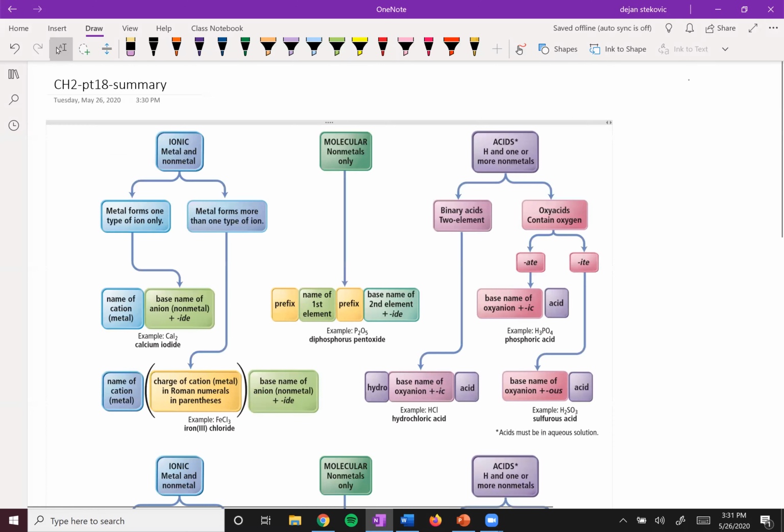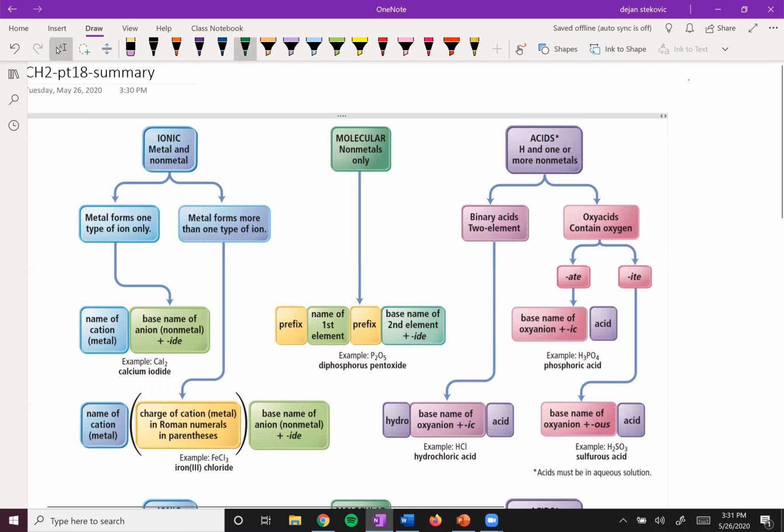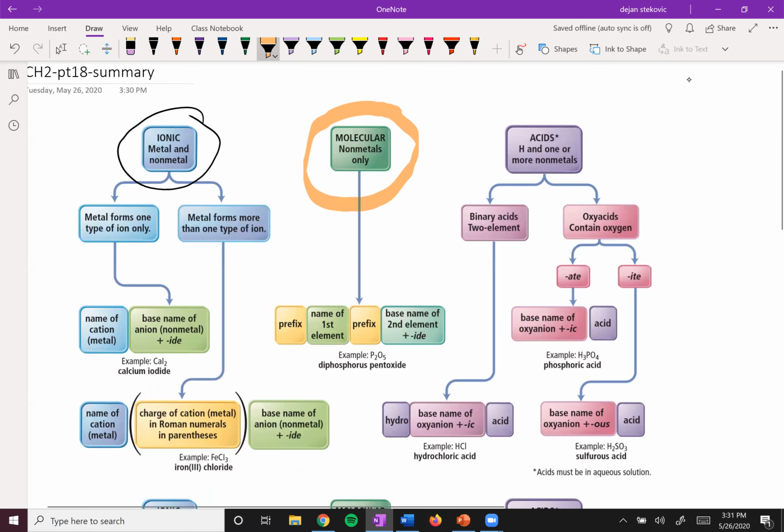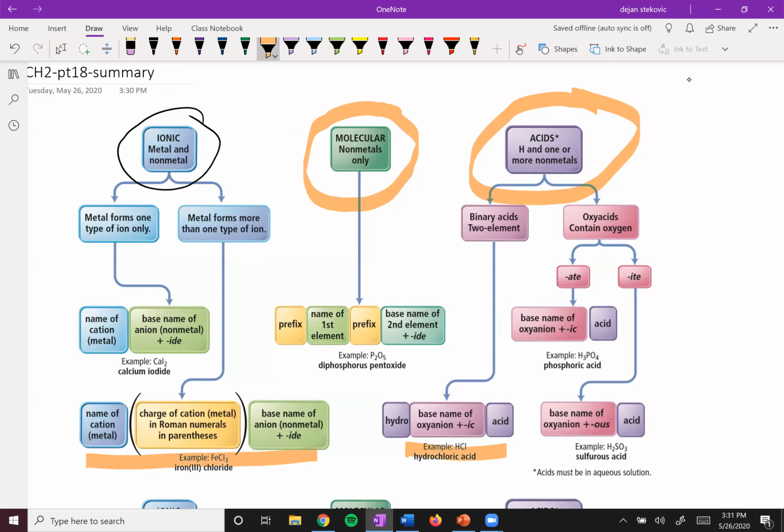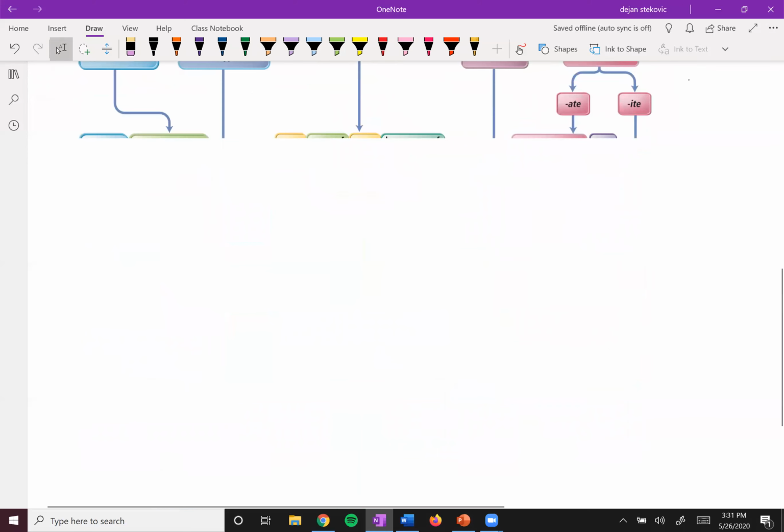Interesting. Whatever. The first thing you want to think about is what kind of compound you have. Do you have an ionic? Do you have a covalent? Or do you have an acid? And then you can go through all the different types of naming that you can have. I made my own version of this chart.